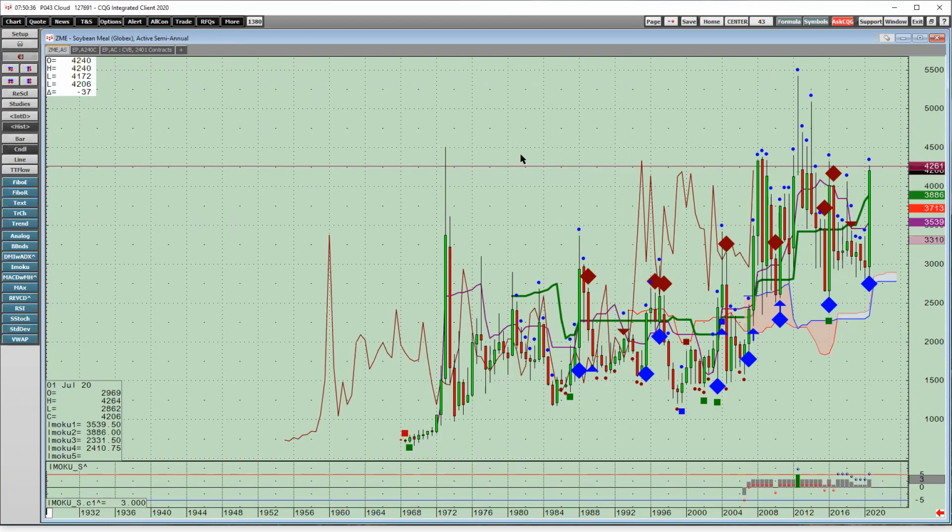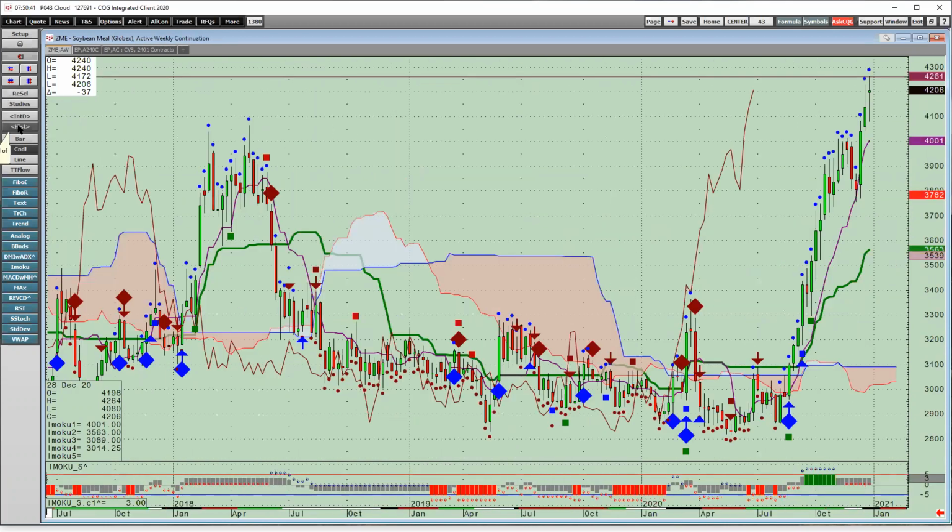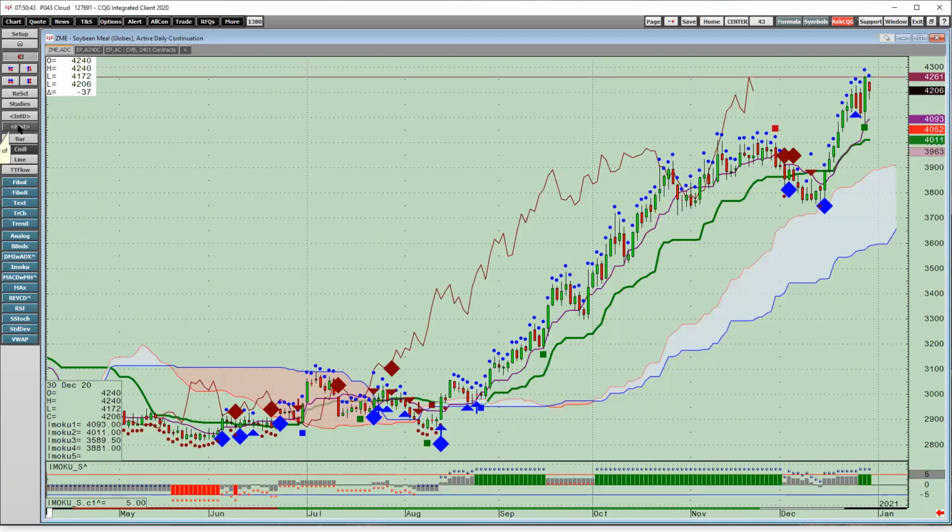So you hear me talk in the room all the time about, do your progressions. Get out of a 5-minute chart, go to a longer time frame chart, and then with CQG you can quickly click out to an annual and see if there's a disparity in the movement, if the short-term movements are lining up with the longer-term trends.